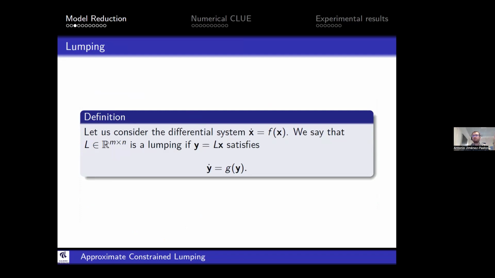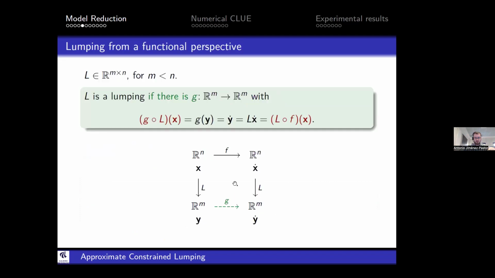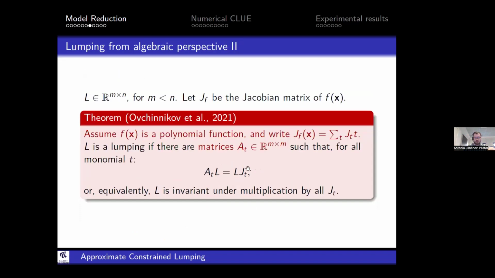That's CLUE. So the numerical CLUE will be the minimal space generated by L, such that for all the rows in this decomposition, in the original CLUE these rows are in the space. Now these rows have a smaller size than epsilon.